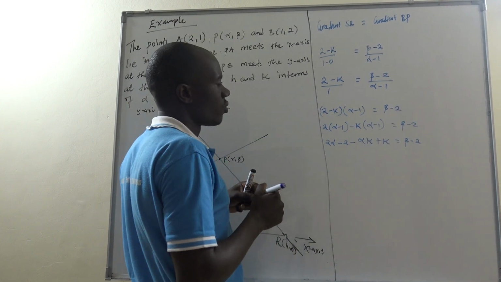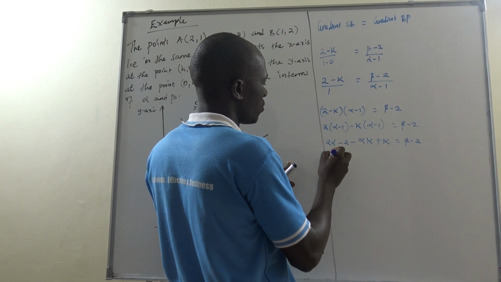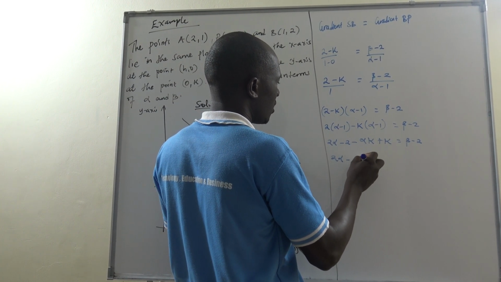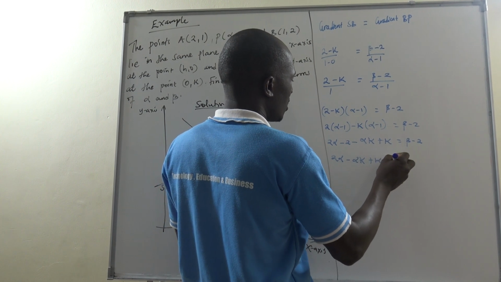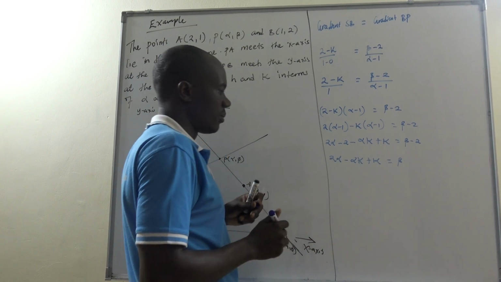The minus 2 and minus 2 disappear, and we remain with 2 alpha minus alpha k plus k equals beta.